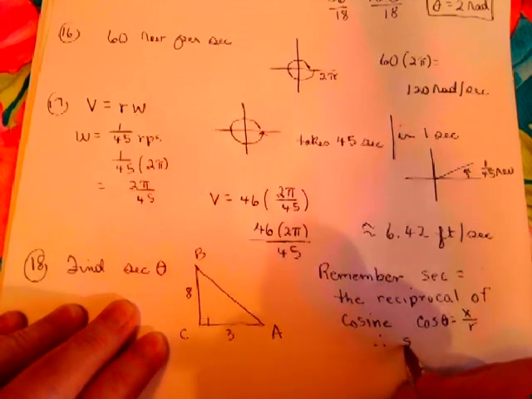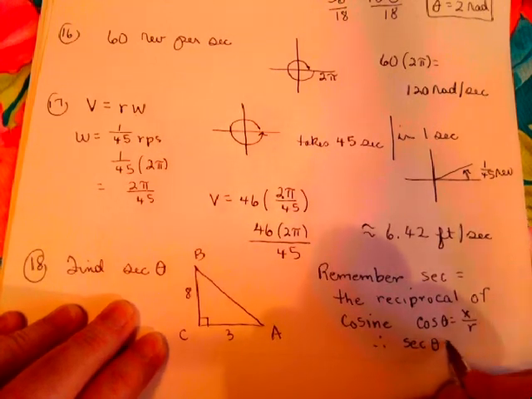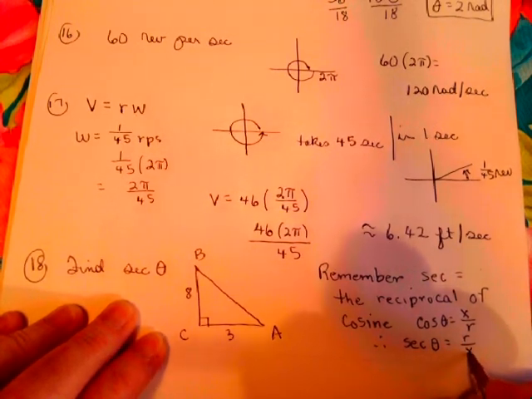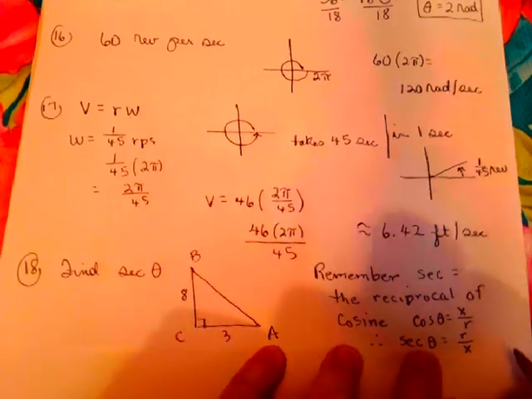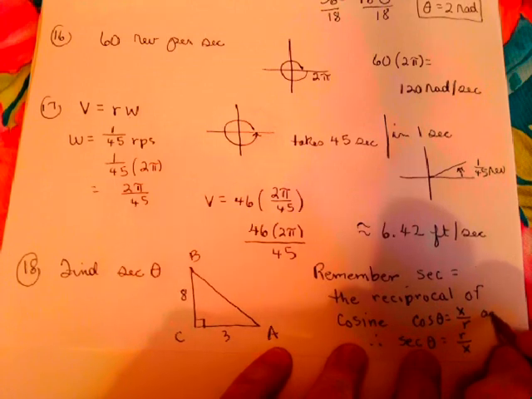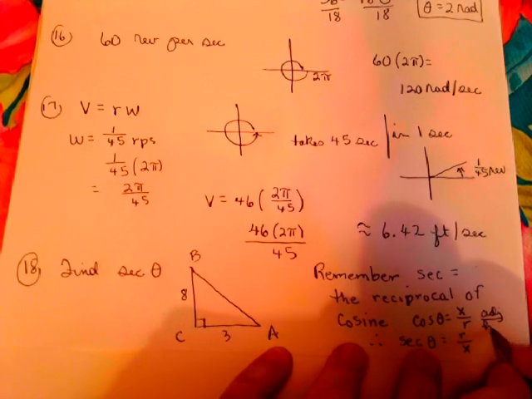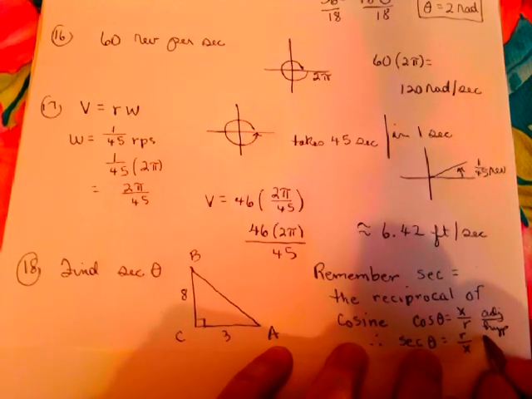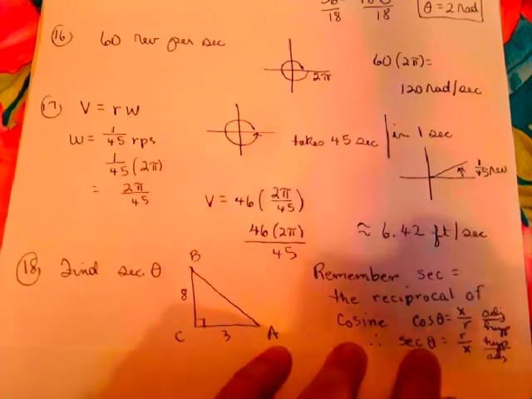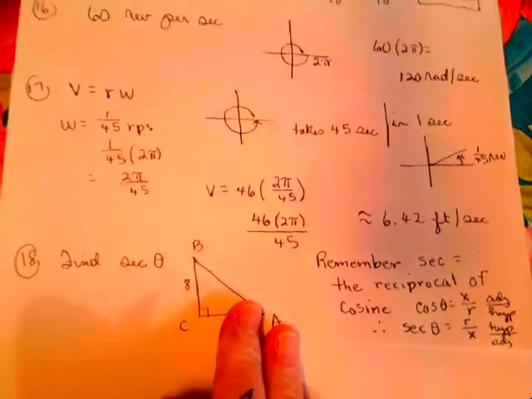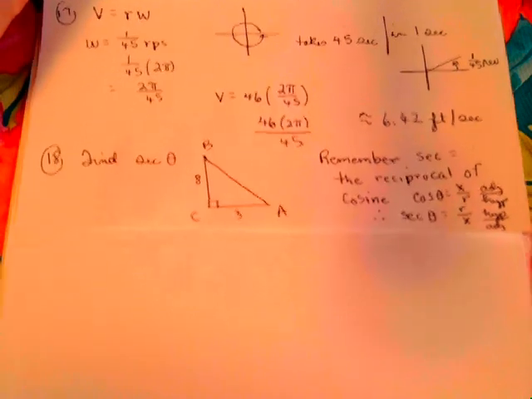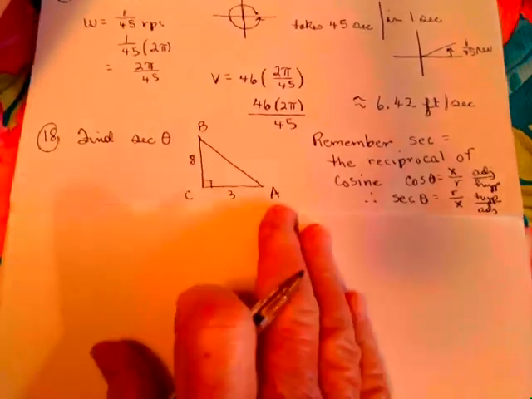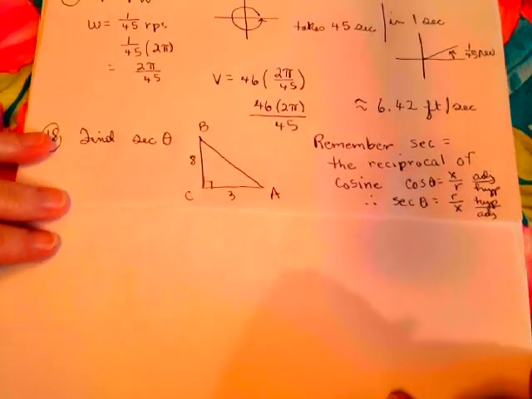Therefore, secant of theta is r over x, which is adjacent over hypotenuse, and flipped over is hypotenuse over adjacent. We are going to have to find the hypotenuse to be able to finish this problem because they didn't give us that.